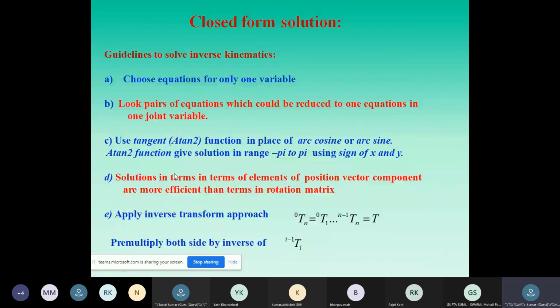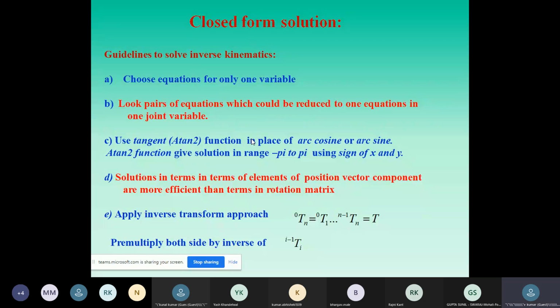Okay, first, these are the guidelines. This gives you a path, these guidelines on how to solve the inverse kinematics for an n-DOF manipulator. Sometimes you can easily obtain it by geometry also, but in some configurations you cannot.